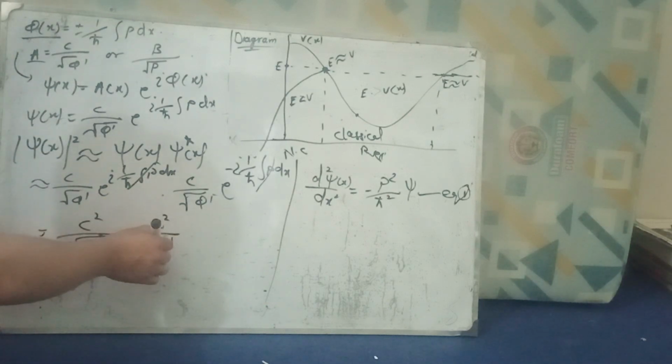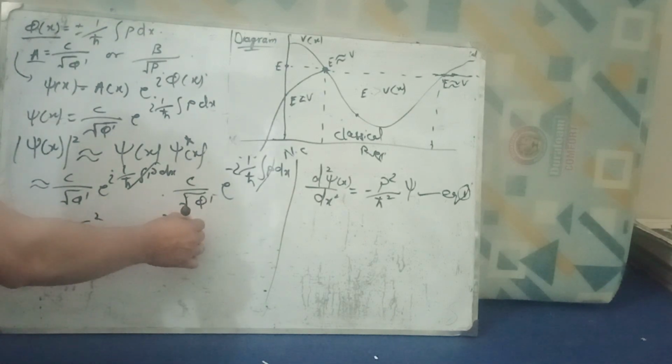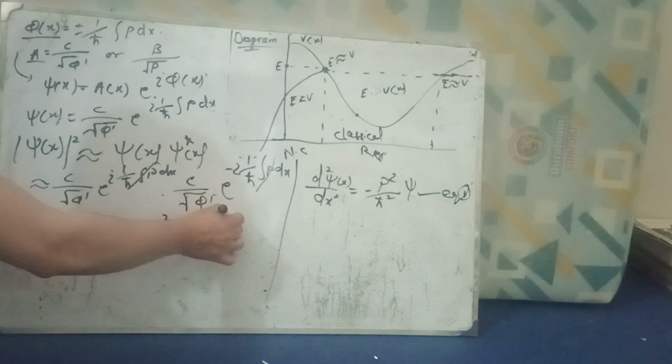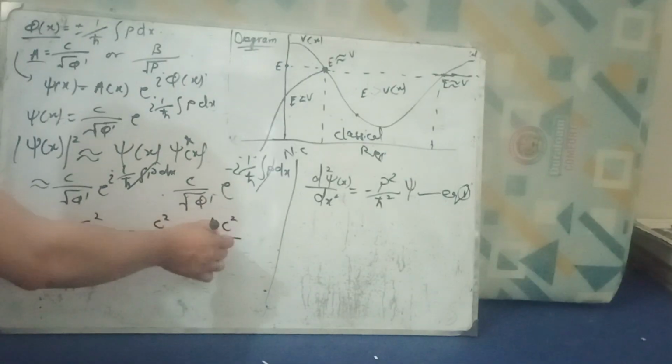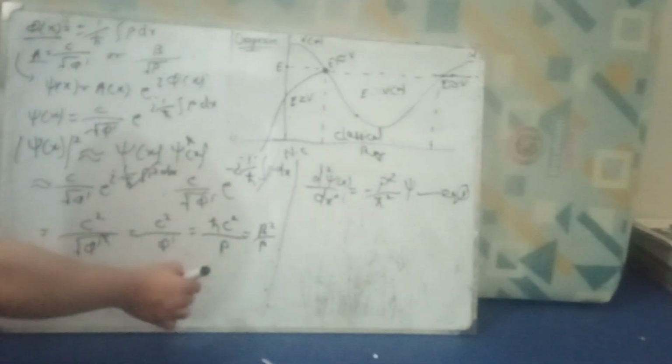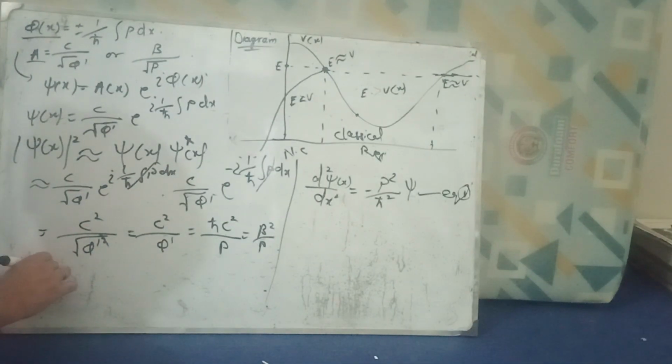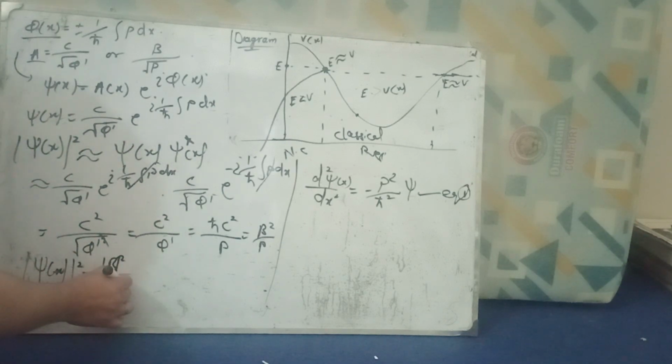If we put the value of phi prime, we will get h cut c square divided by p h cut. So this will be b square divided by p. So psi of x mod square is equal to b square, the constant, divided by p of x.